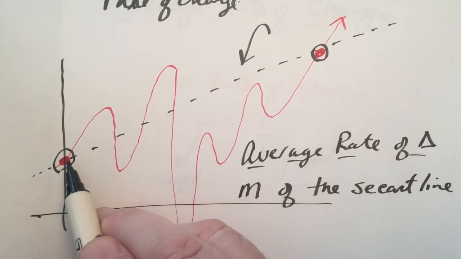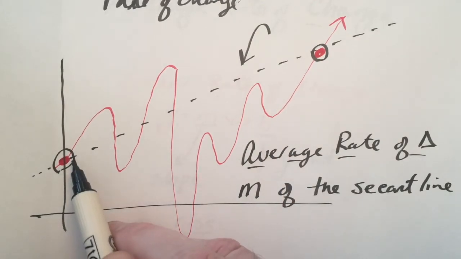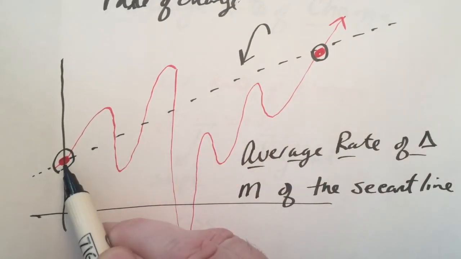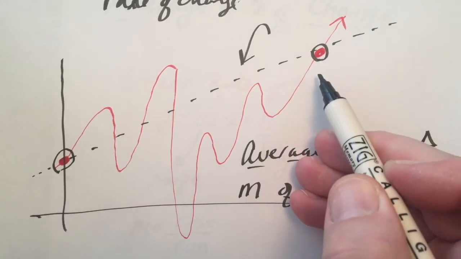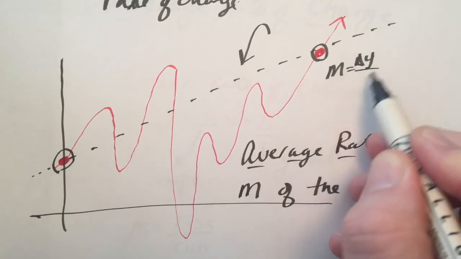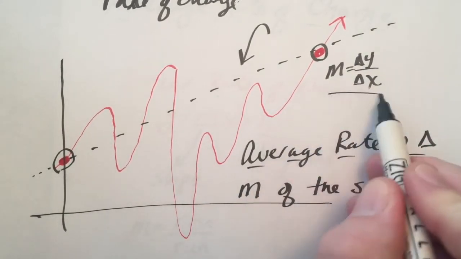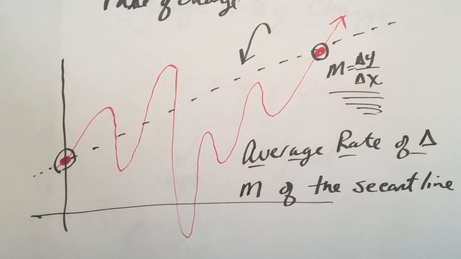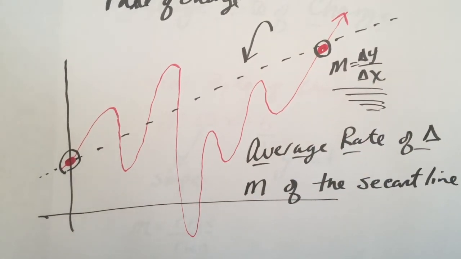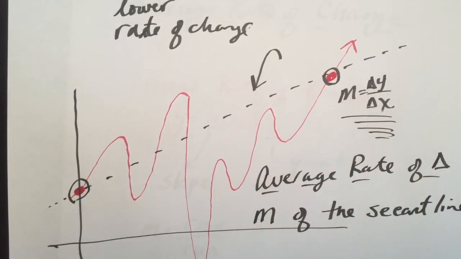We're just going to draw a line between our first point and our last point and calculate the slope. This will have an x and a y value. This will have an x and a y value. We can say m is equal to our delta y over our delta x, and we're good to go. This is the formula that we're going to use to calculate our average rate of change. And you will see this later on when we get to our word problems.